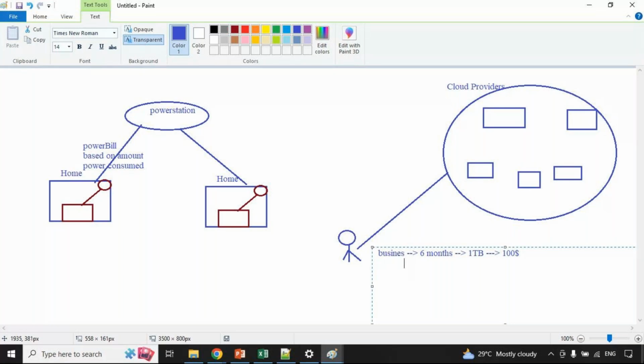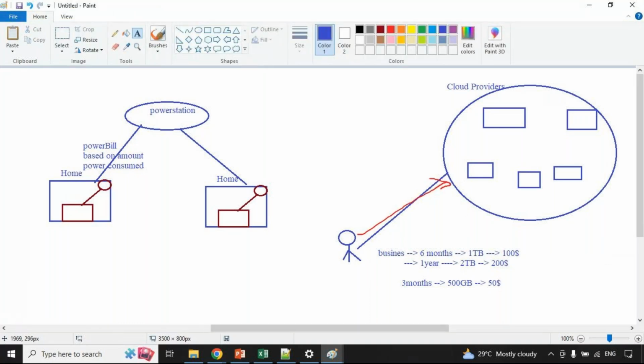Later, my business is very good, so I want to maintain 2 years of customers' data, and then I can increase the capacity. Now suppose it is not going well, and I want to maintain only 3 months of data. If you maintain only 500 GB of data, then we can go for that. Based on the usage, we have to pay the bill.